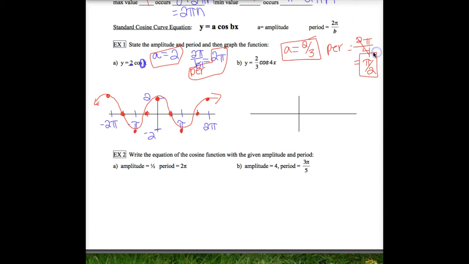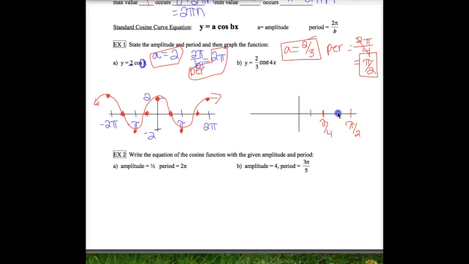Again, the graph itself is always going to have the same shape, at least in this section, until we start shifting them. The only thing that's going to change on your graphs are the labels. So here, our last mark should be at pi over 2, which means the middle mark should be half of that, which is pi over 4.